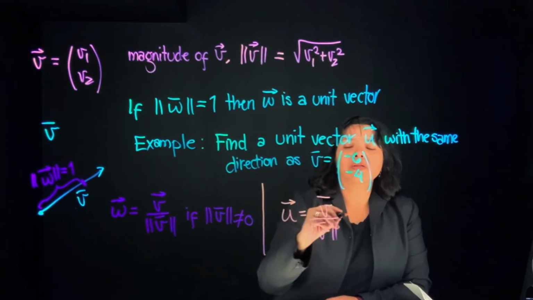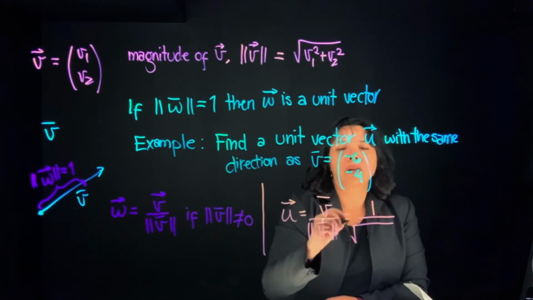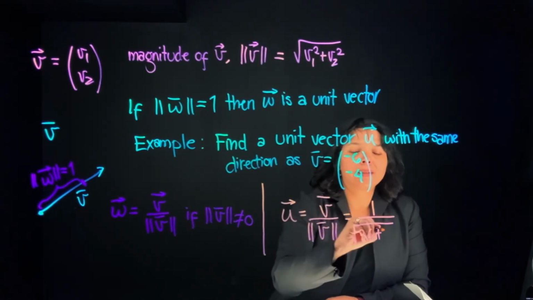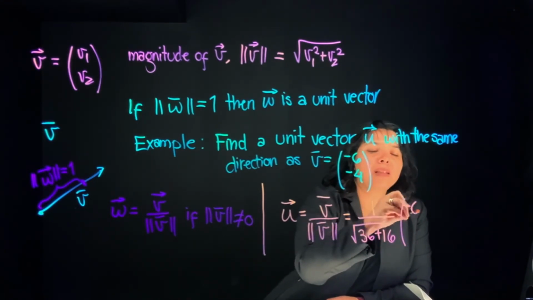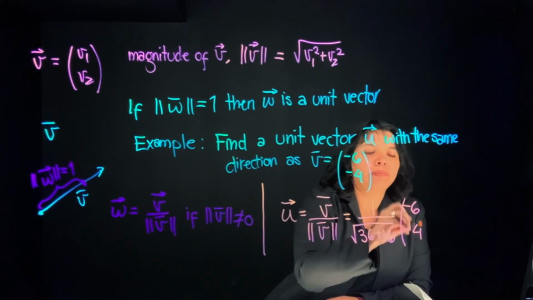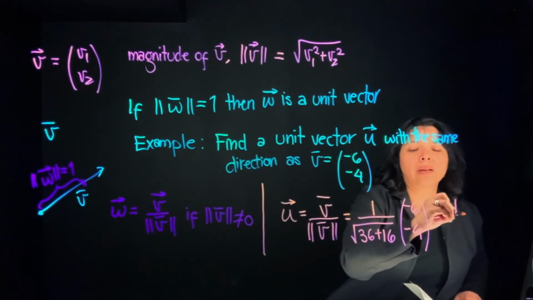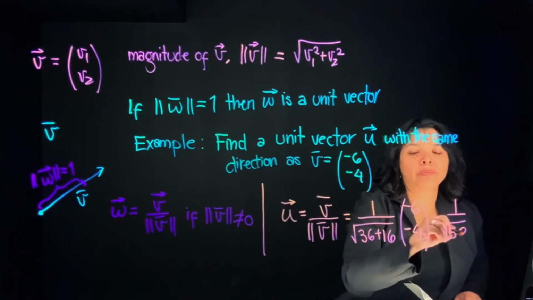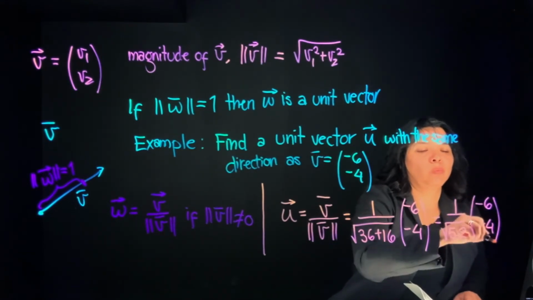We're going to use this formula, so this gives me 1 over the square root of 36 plus 16 times my vector v, which is negative 6, negative 4. So this is 1 over the square root of 52 times negative 6, negative 4.